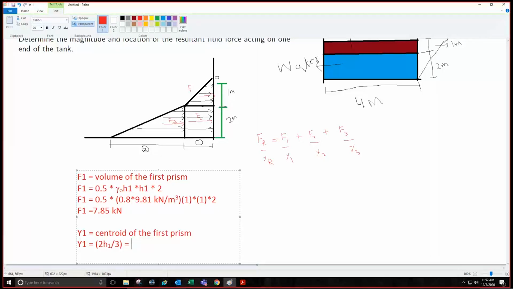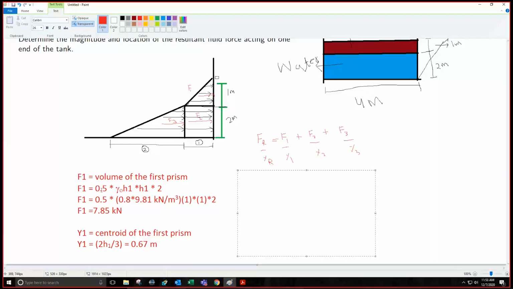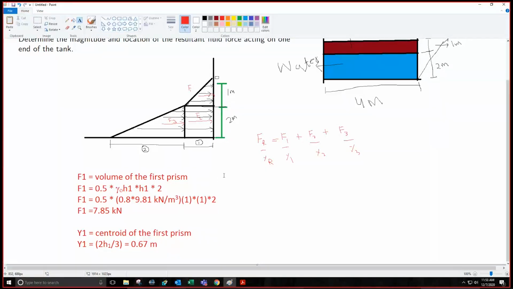So it is equal to 2 by 3. That is 0.67. Because H1 is 1 meters. Right? Any question in that? इसके अंदर कोई चीज समझ ना आई हो? No sir.